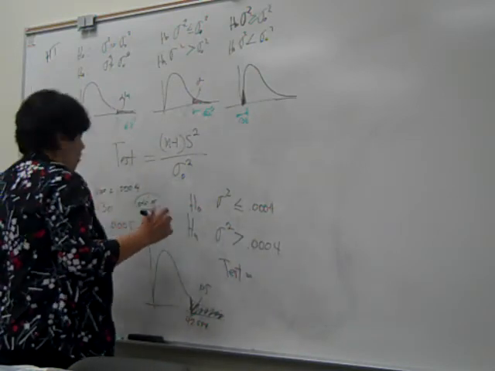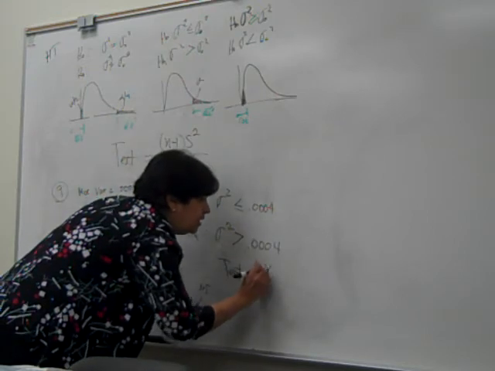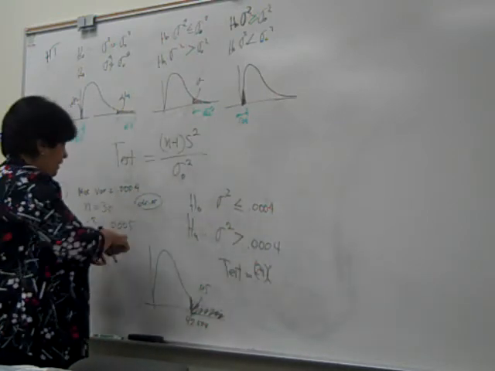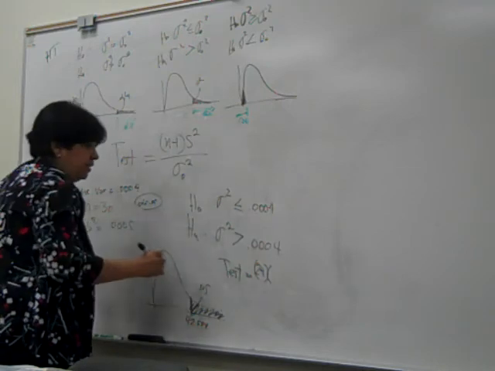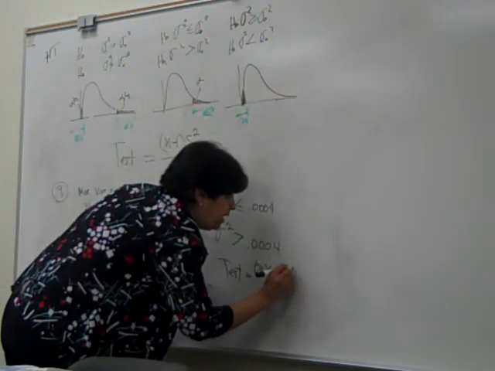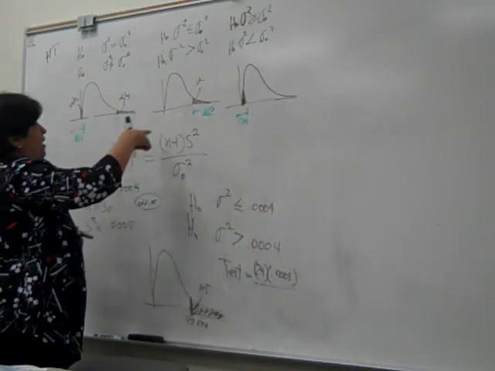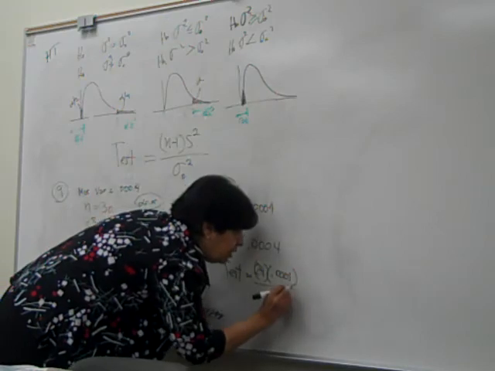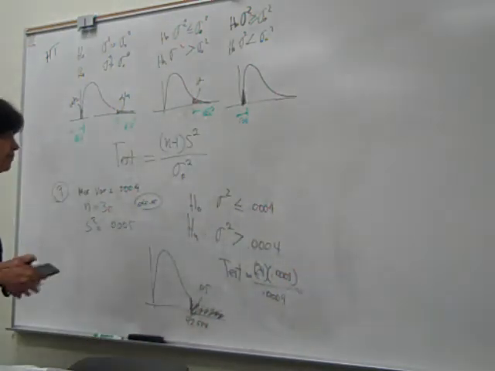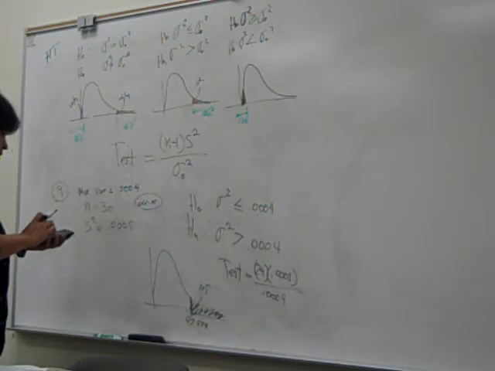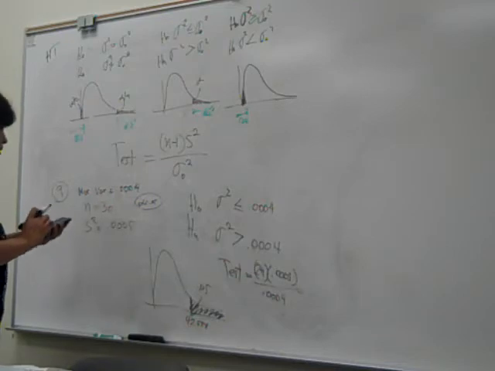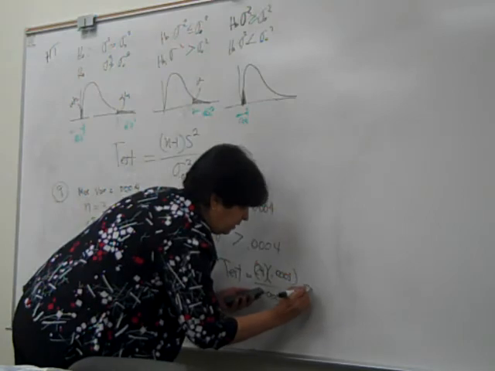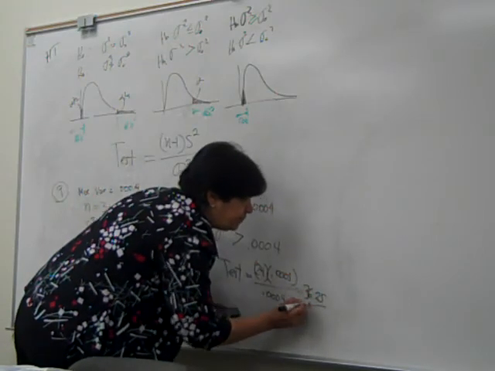Okay, so it's n minus 1, 29, times s squared, since they already gave us the variance, 0.0005, divided by the hypothetical value, that is 0.0004, and that is equal to 36.25.